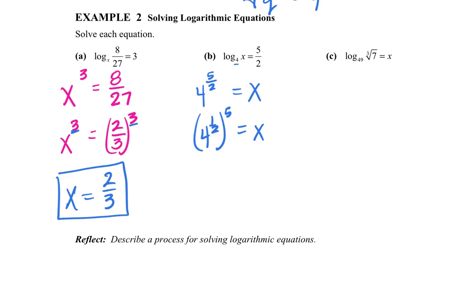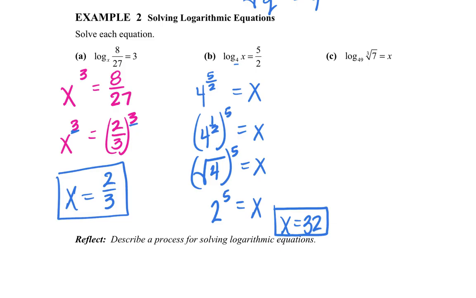So now I've got the square root of 4 to the 5th power. I know the square root of 4 is 2, and 2 to the 5th power is going to be 32. So x equals 32.